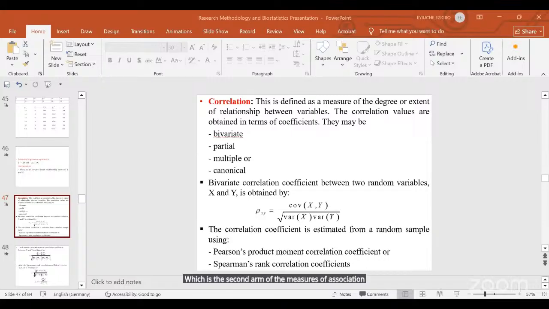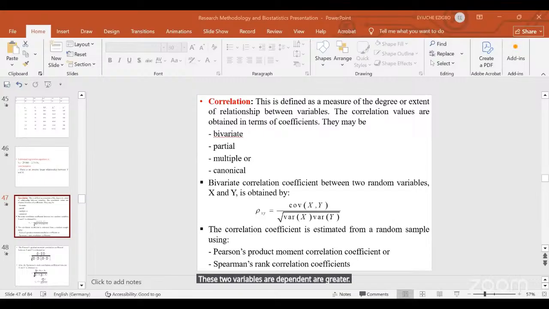While regression analysis discusses the nature of relationship that exists between variables, correlation measures the degree of the relationship. It measures the degree or the extent of the relationship. That's what correlation does. It tells us these two variables are related.